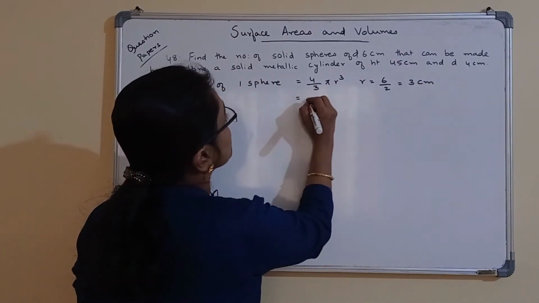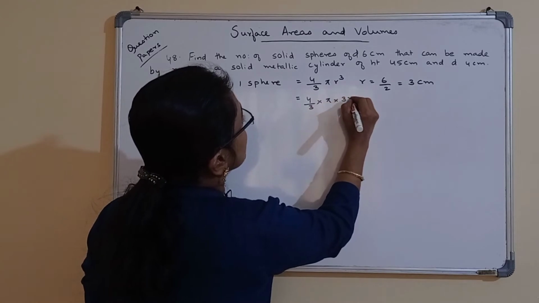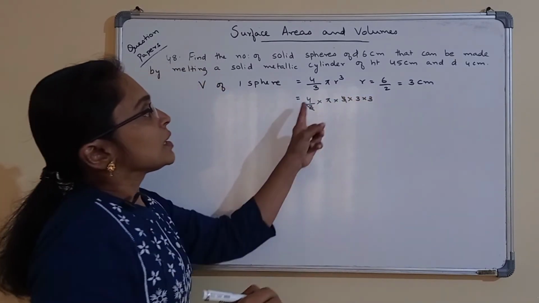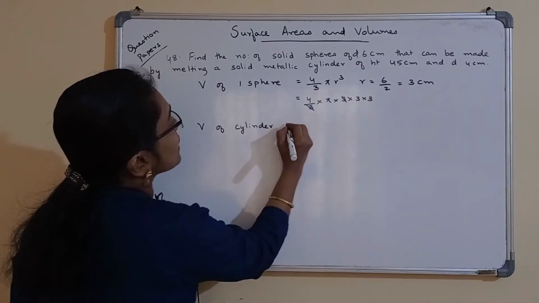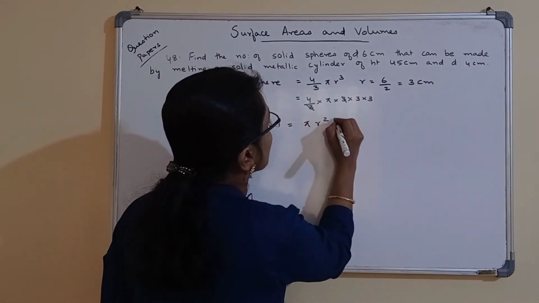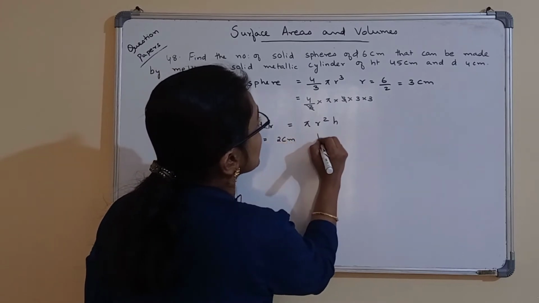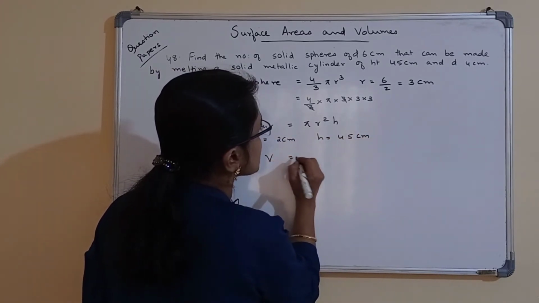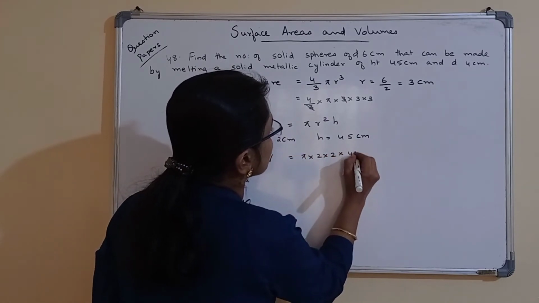So it is equal to 4 by 3 into pi into 3 into 3 into 3, which we can write like this, 4 pi into 3 into 3. And volume of cylinder is equal to pi r square h. And r is equal to 2 centimeter, h is equal to 45 centimeter. So volume is equal to pi into 2 into 2 into 45.